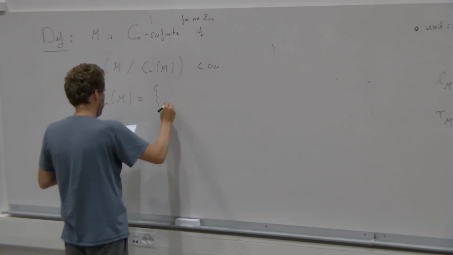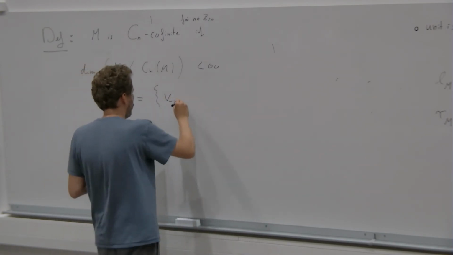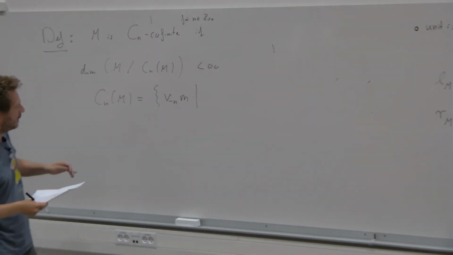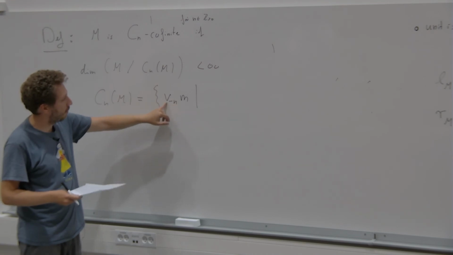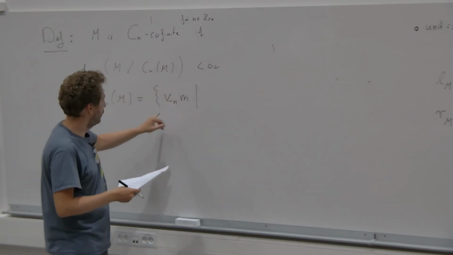It's the subspace spanned by all vectors in M that you can write in the form where you act on a vector in M by the negative n mode of any element in V.